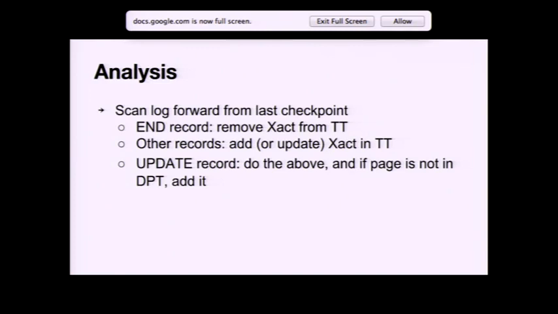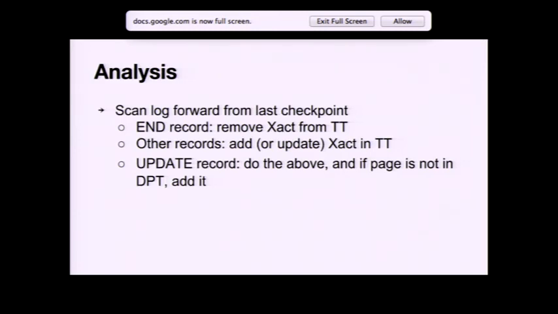As far as I know, during the analysis phase, you can add things to the dirty page table, or specifically, when you see an update record, you can add to the dirty page table, but there's no situation in which you'd remove from the dirty page table. However, you can remove things from the transaction table. I'm actually quite sure about that. During analysis, you consider every single record that's in the log.